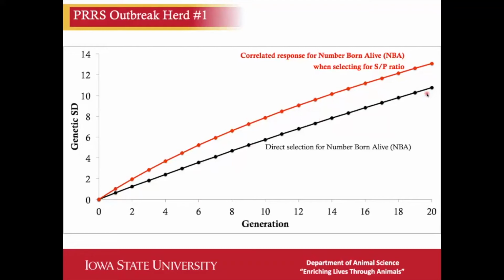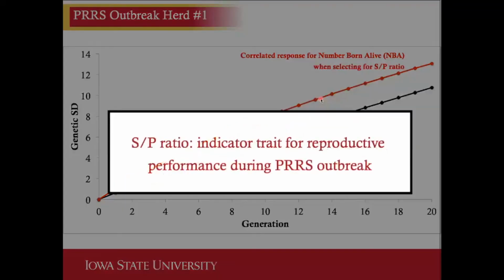So if we change SP ratio, this is how much number born alive would increase. So it's more efficient to increase number born alive by looking at antibody response to PRRS compared to directly selecting for number born alive. And ever since, we started to suggest that SP ratio, so antibody response to PRRS, could be an indicator trait for reproductive performance during the outbreak.